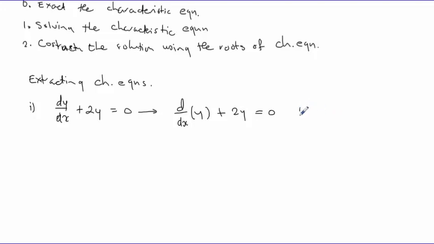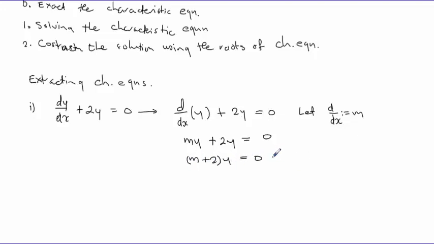And then let the differential operator dy/dx be looked at as m. Then we simply have my plus 2y equals 0. Then the next thing is to factorize this: m plus 2 times y equals 0.